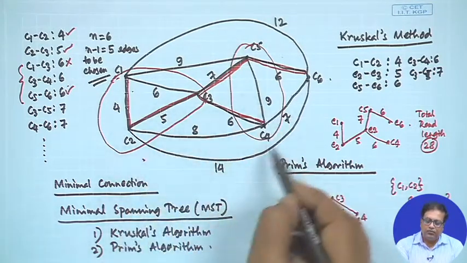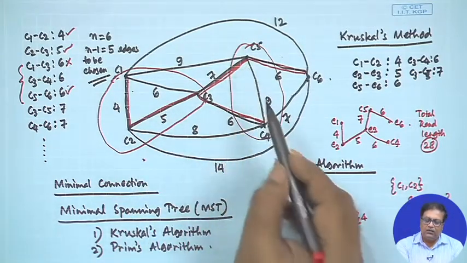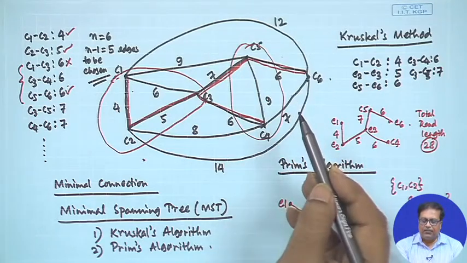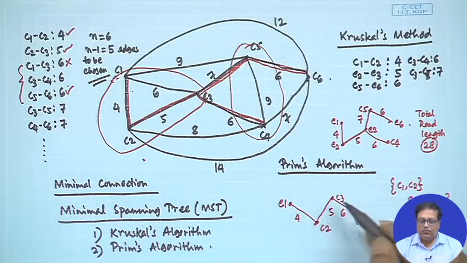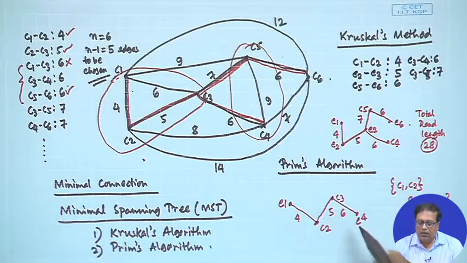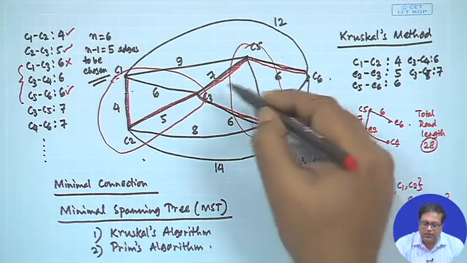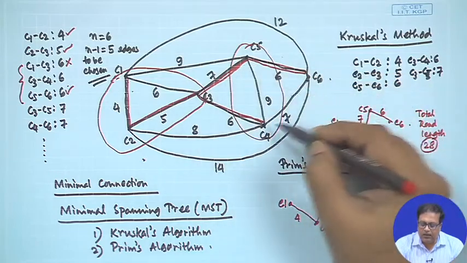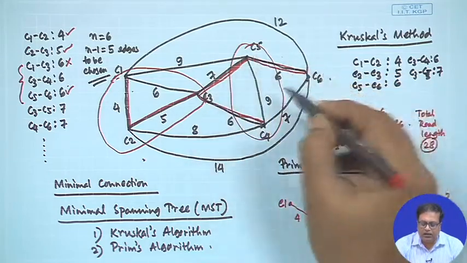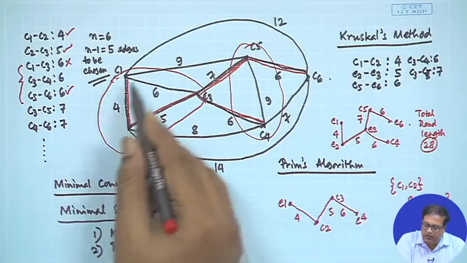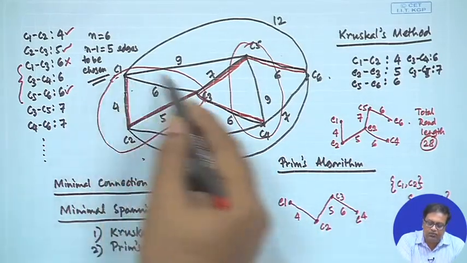Now if you want to connect C5, there are two choices, right? We have connected C1 C2 and C3 to C4, then we have either this 7 or this 7, because now C1 C2 C3 C4 is what we have.